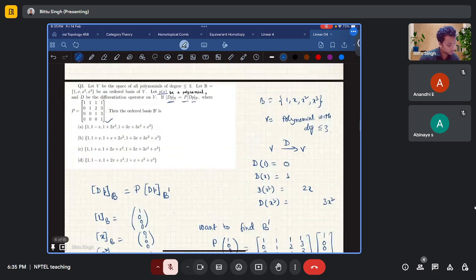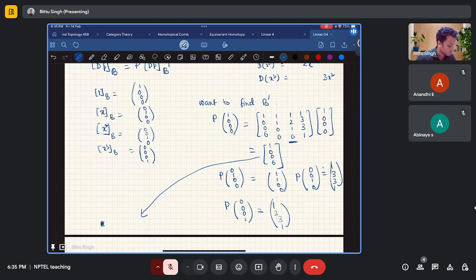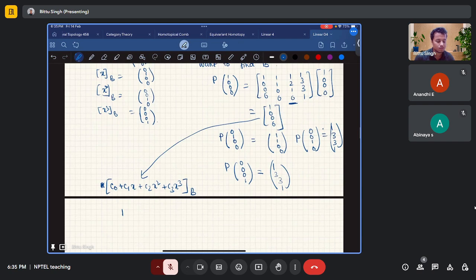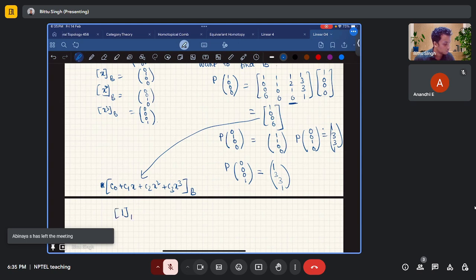So we have chosen A. So what is the polynomial C0 plus C1x plus C2x squared plus C3x cubed, whose coordinate is 1 0 0 0? It is clear, right? This should be 1. So this matrix corresponds to 1, that is coordinate of 1. This is actually 1 0 0 0.